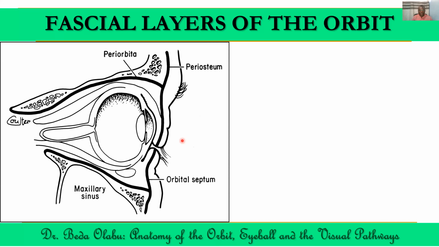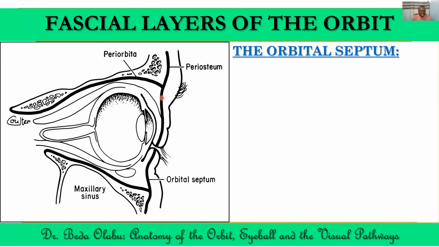The second fascial layer is what we call the orbital septum. This, again, is not very complex. From this image, we can actually appreciate what it is. Look at this. So this is the periorbita, which is the periosteum of the bones of the orbit.